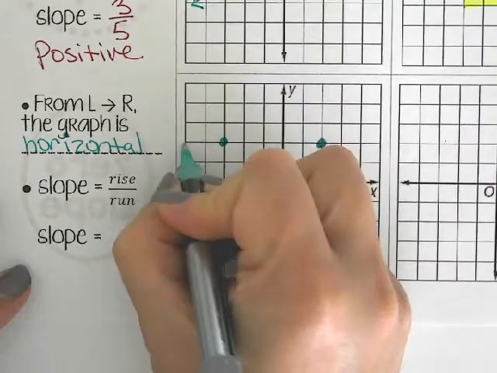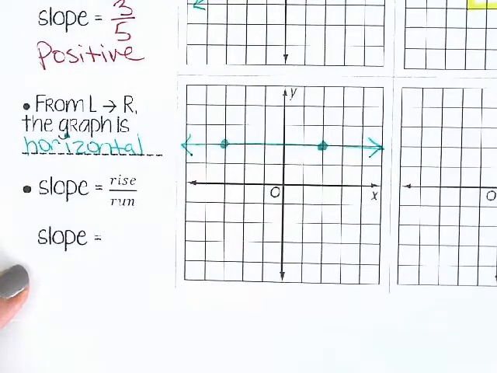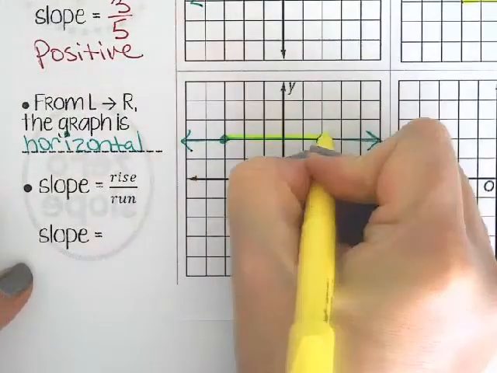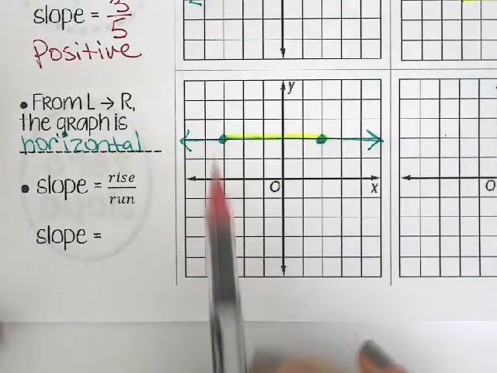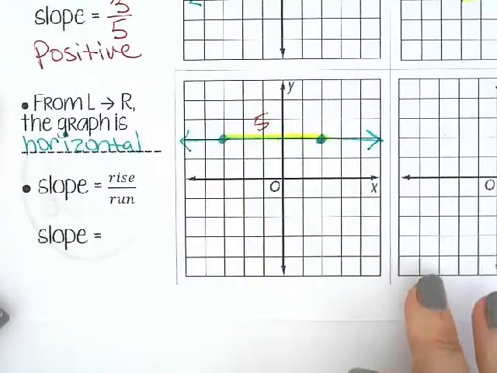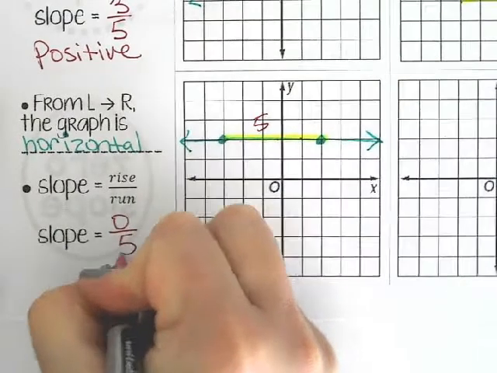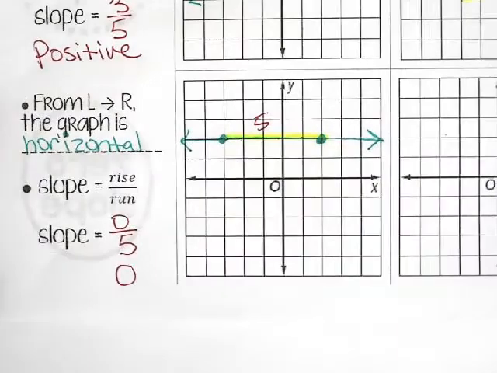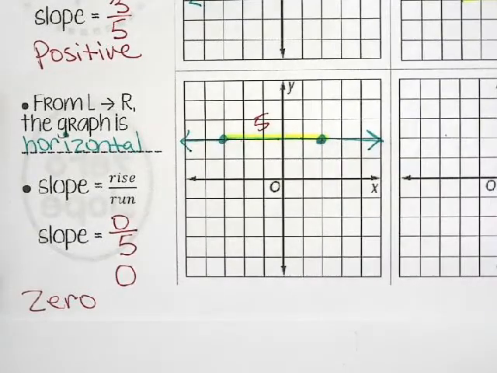Draw a line through my 2 points. This one does not have a rise, but it does have a run. And my run is going to be 1, 2, 3, 4, 5. So then my slope, my rise is 0. My run is 5. 0 divided by 5 is 0. So this is a 0 slope.